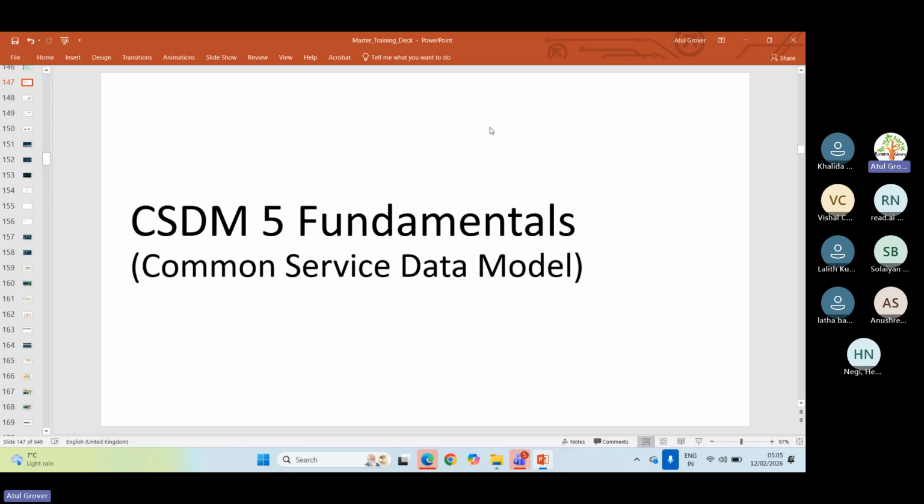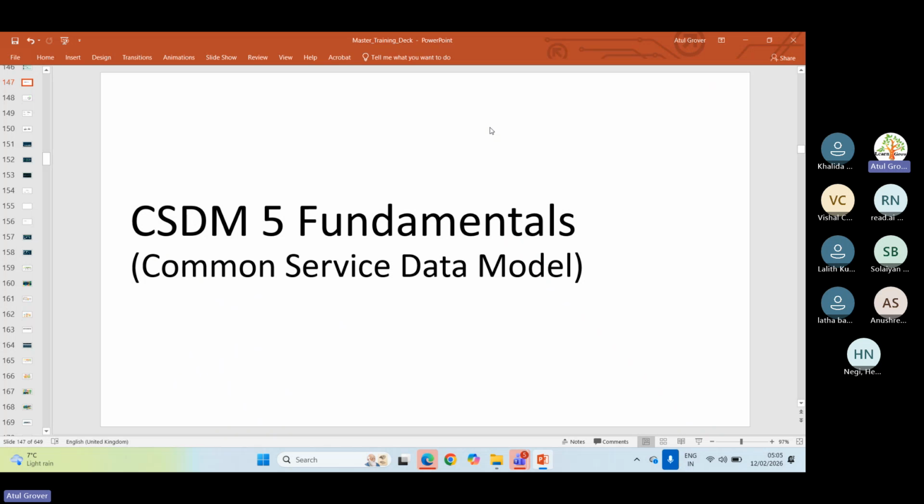The name Common Service Data Model is very big, and so are the definitions. What does it say, and why is it required?